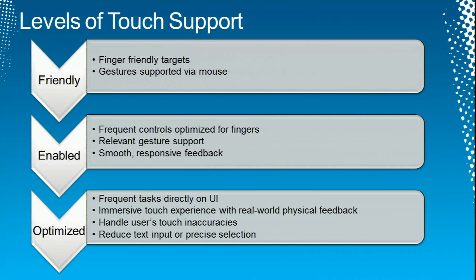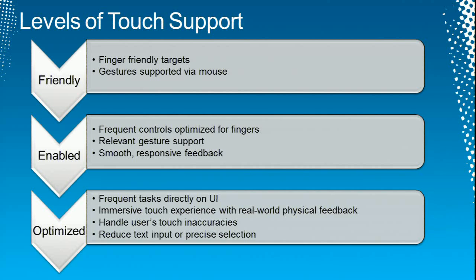There are 3 levels that we like to talk about, and the first one is being just touch friendly. You don't actually use any of the APIs, but you design your UI in a way that through mouse promotion, it actually performs pretty well as a touch app. Touch enabled is where you start thinking about actually providing a good touch experience.